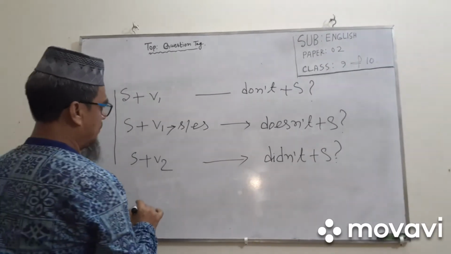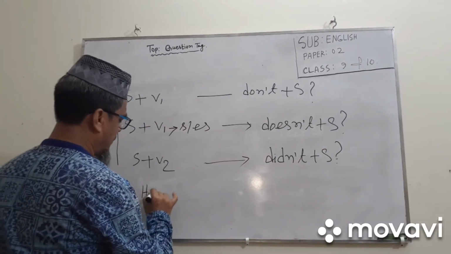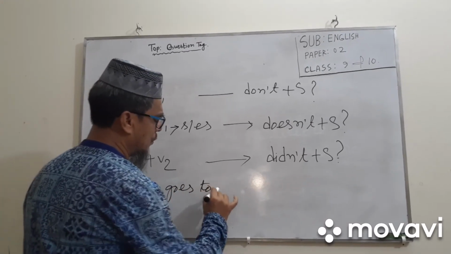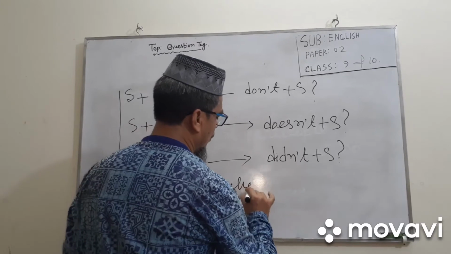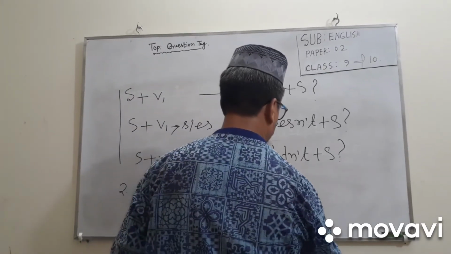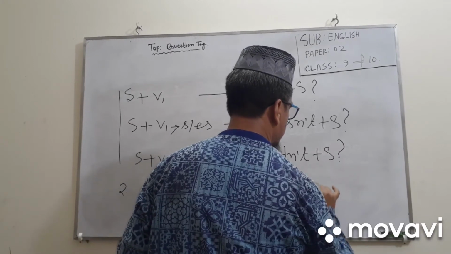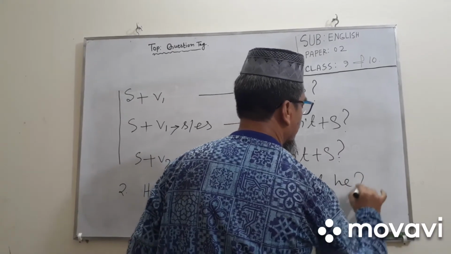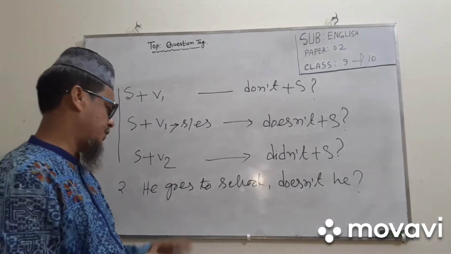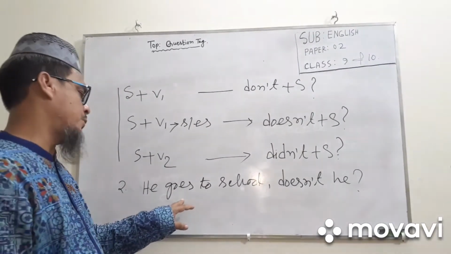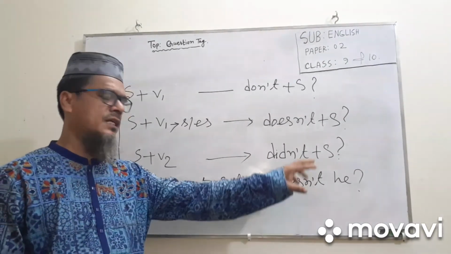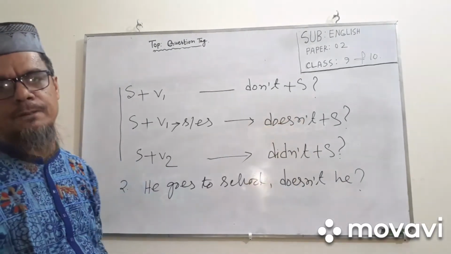For example, he goes to school, doesn't he? Okay. My dear students, it is clear. If you follow the verb with s or es, you must use doesn't plus subject.